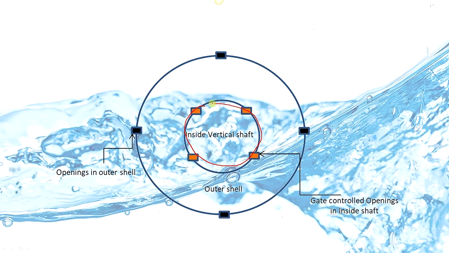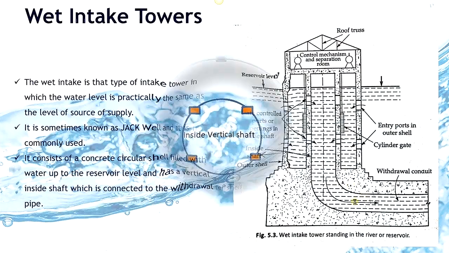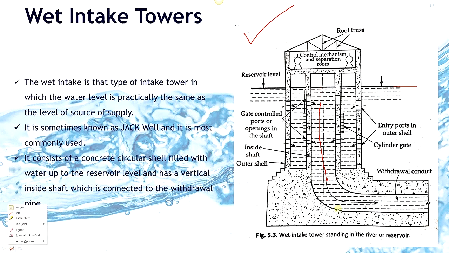Around this inside vertical shaft, one more chamber is there that we call the outer shell. This inside shaft is extended downward and continues as the withdrawal conduit or discharge conduit that transmits water to the jack well from here or directly to the water treatment plant.